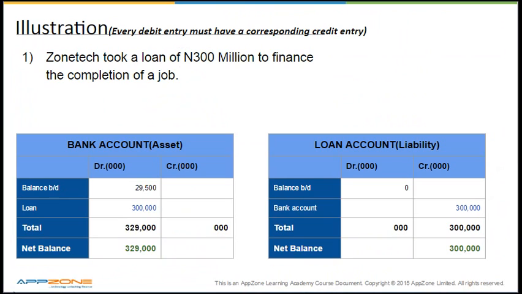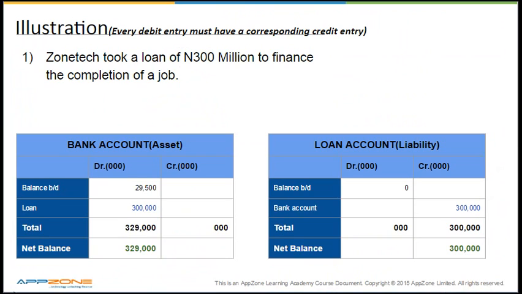Now, ZoneTech took a loan to finance the completion of a job. We have two persons involved: who is giving the loan and the person receiving the loan. So on our screen we have two books of accounts, the bank account and the loan account. Remember, from our transaction history, the bank account already has an existing balance, which we have on the screen.